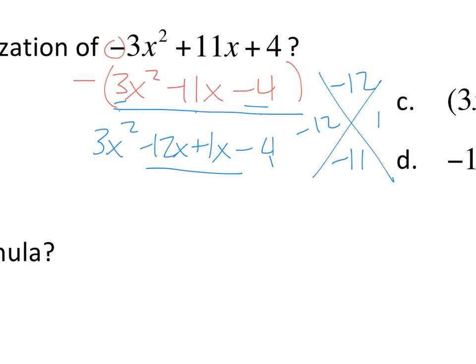From here, when I have four terms, 1, 2, 3, 4, I do what's called grouping. I group the left side and the right side. I kind of draw an iron curtain down the middle, and I focus on the left side, group the left side, group the right side. Left side, greatest common factor is 3x. Leftovers are x minus 4.